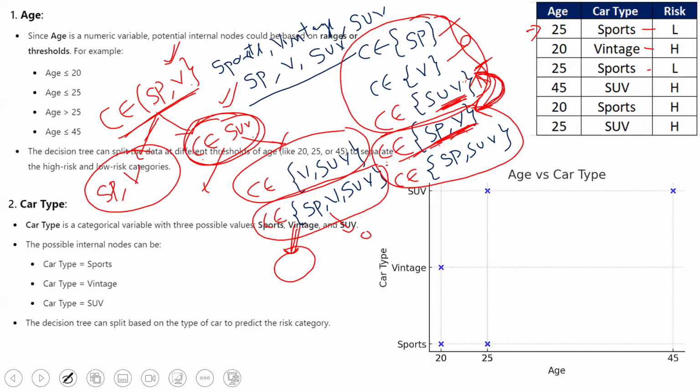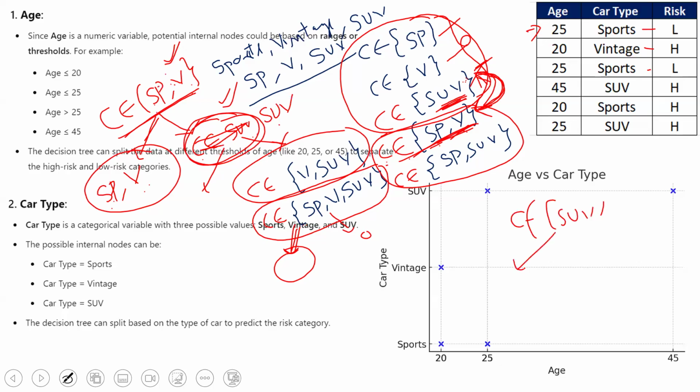But if you move this condition to the top, it will bring SUVs on one side and sports and vintage on the other side. So this condition is doing this. What about C belongs to SUV?